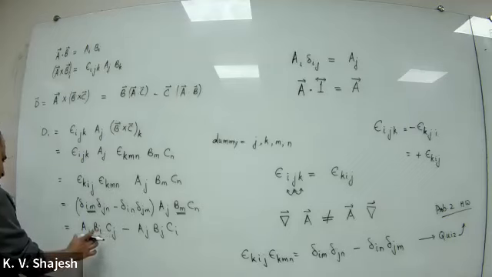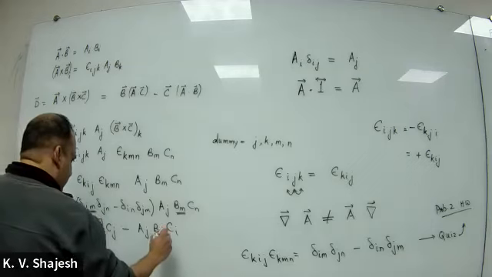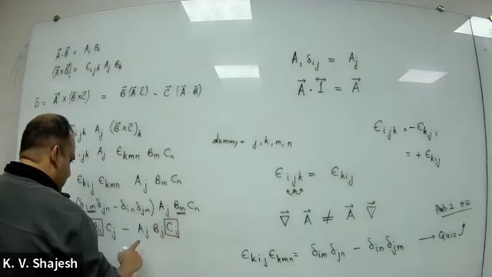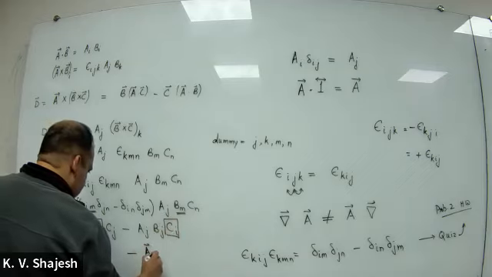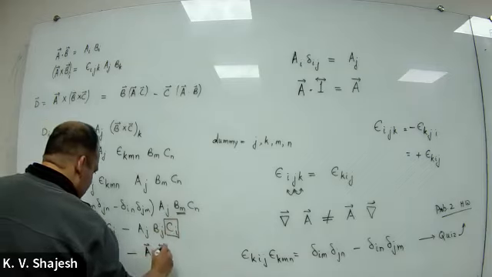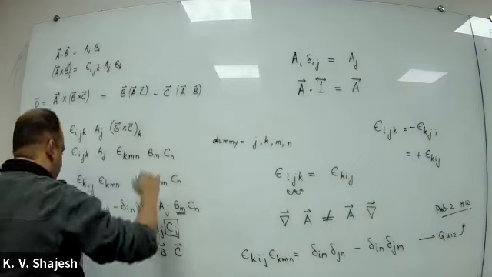If that's the case, now notice the free index here is I, and the free index here is C. This is a dot product. Let A dotted with B times C, which is B-hat C, right? That's the same as this.